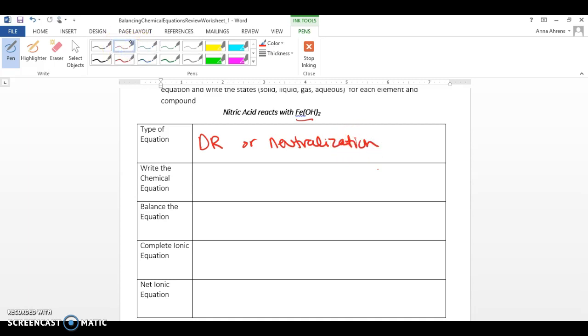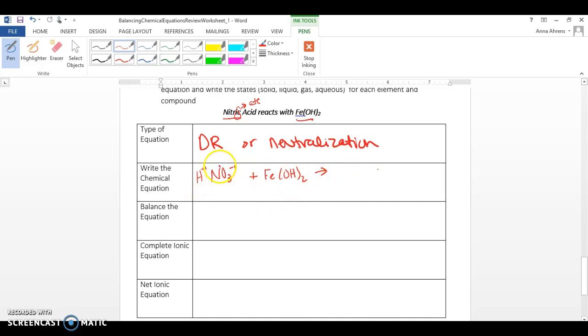We're going to write our chemical reaction. So remember, nitric acid, there's always an H out front, and that's going to have a +1 charge. It ends in ic, so I know the polyatomic ion has to be ate, so that's nitrate, which is going to be NO3 with a -1 charge. When you crisscross, we are A-OK there. Then we're going to add it to iron 2 hydroxide, Fe(OH)2, and we are going to get the products.